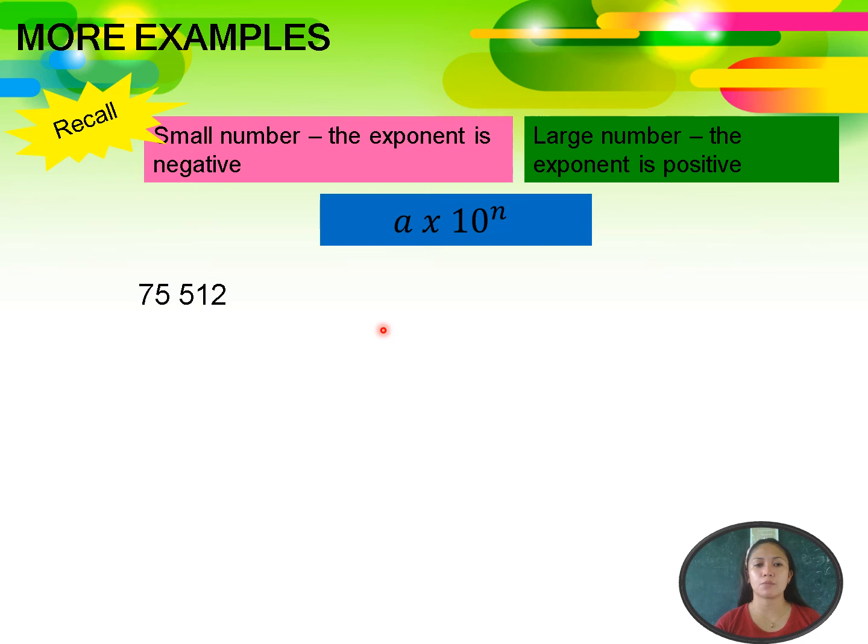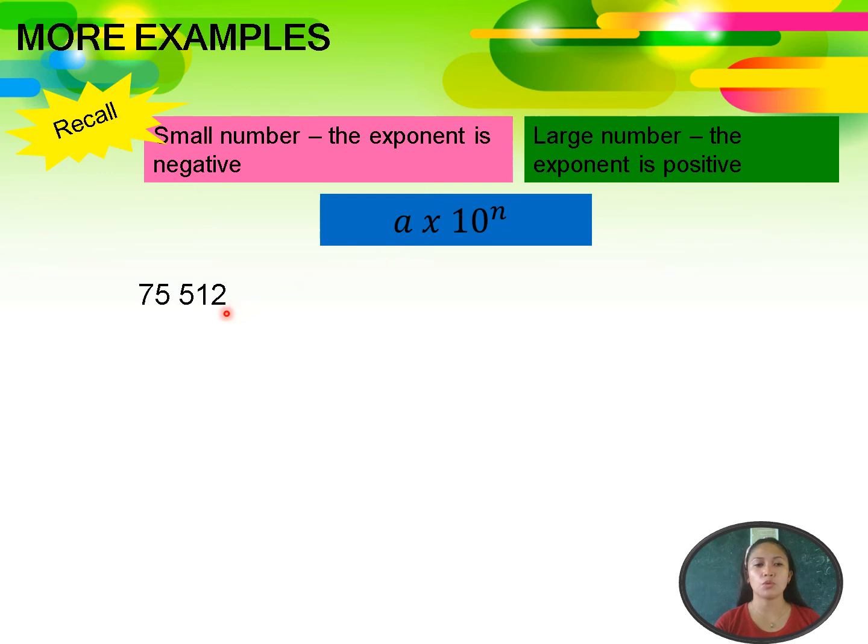Let's have this example here. 75,512. So we have here, it's understood that the decimal point is after 2 or to the right of 2. So we'll find ways that our first factor should be greater than or equal to 1 but less than 10.